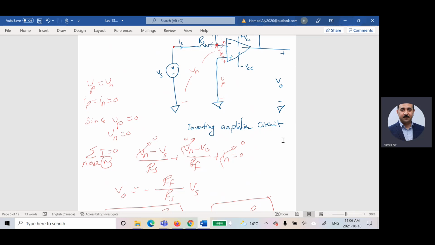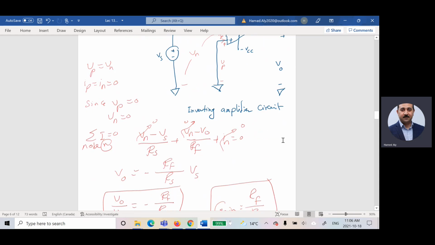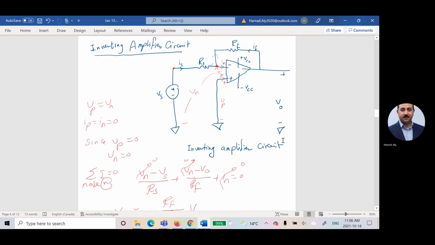I have a question. Could you please repeat the question? Does this resistor absorb the voltage?